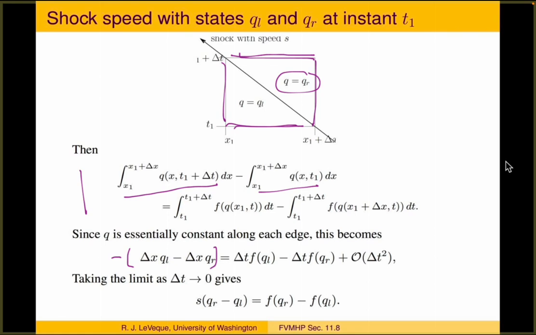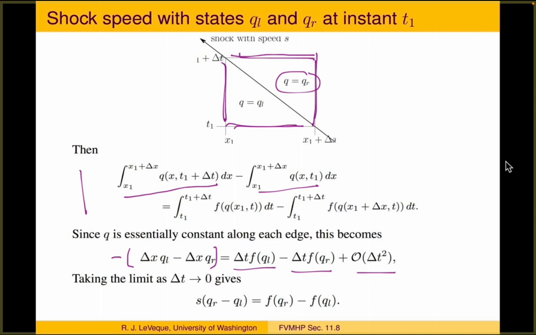And then when we integrate at the left side, we'll get delta t times f of ql, and we'll be subtracting off the integral on the right side, which is delta t times f of qr, plus higher order terms that are order delta t squared if we zoom in enough and things are smooth.